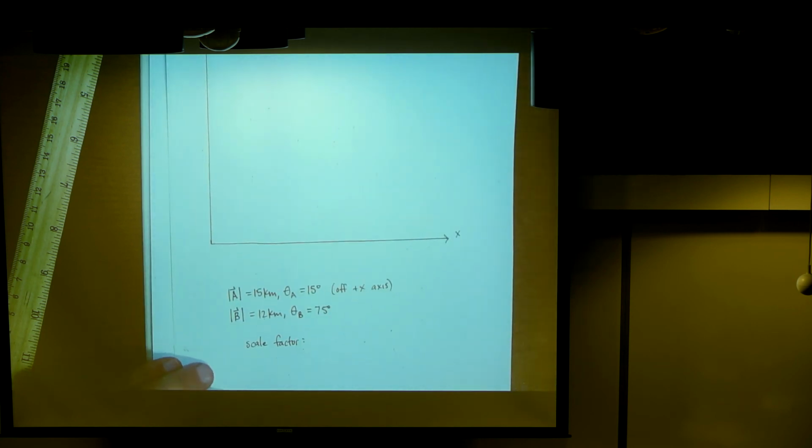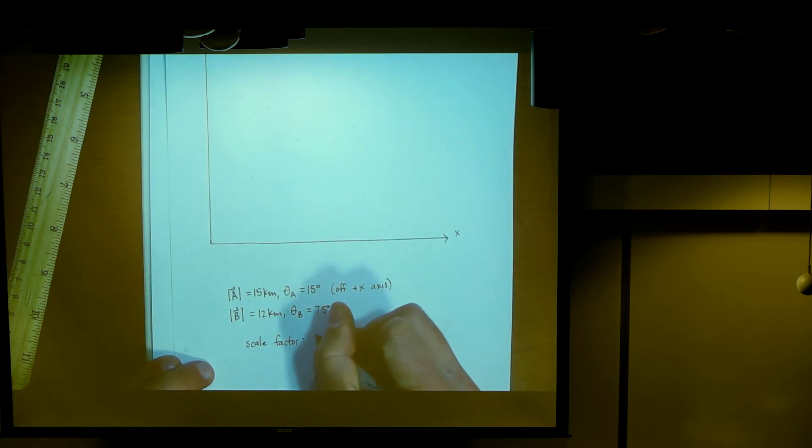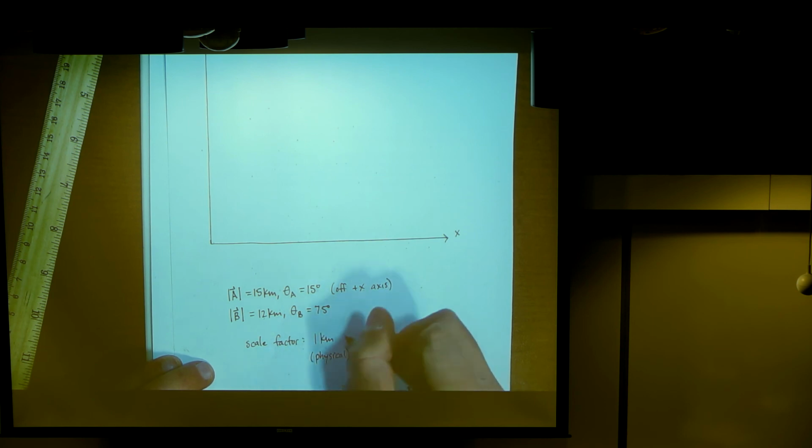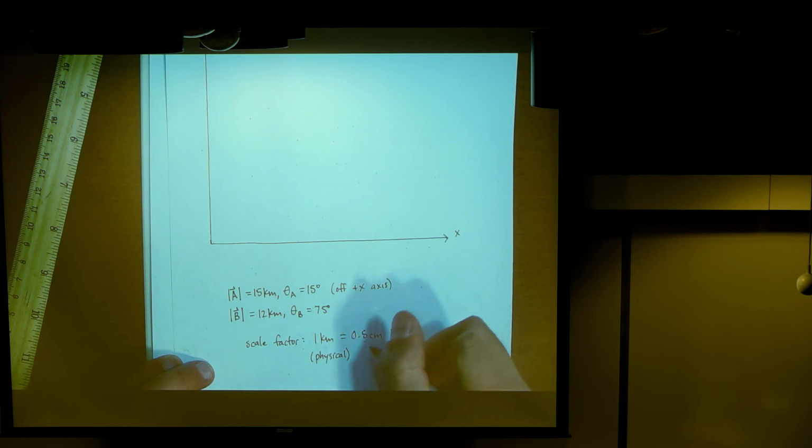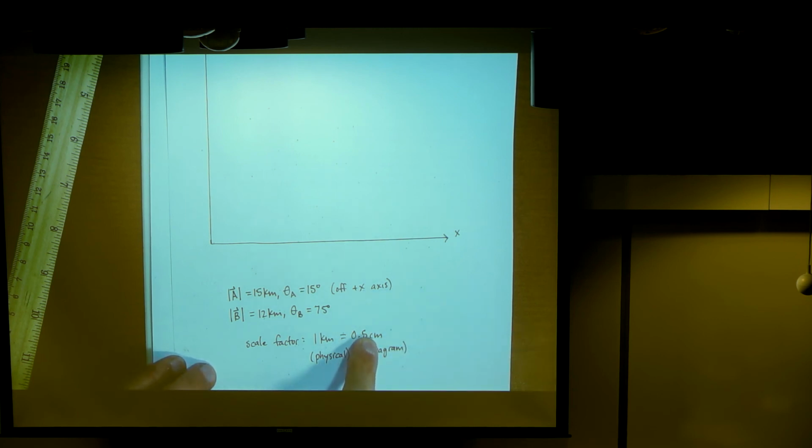Okay, so here's what I'm going to choose for my scale factor. I think this will work. Every 1 kilometer of physical distance is going to be represented by half of a centimeter of distance on my diagram. Does that make sense? So if I draw half a centimeter of distance on this page, it represents 1 kilometer. Okay?